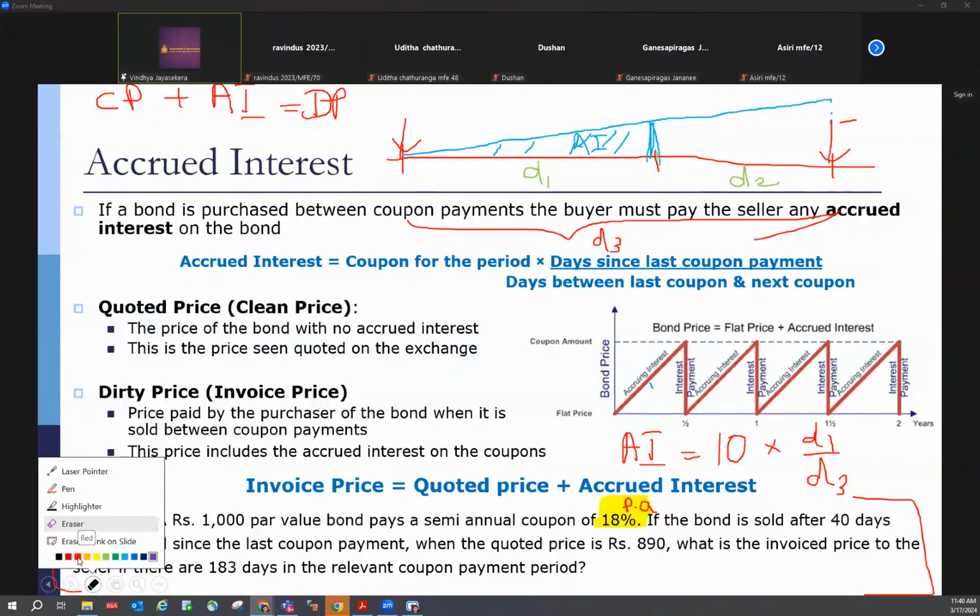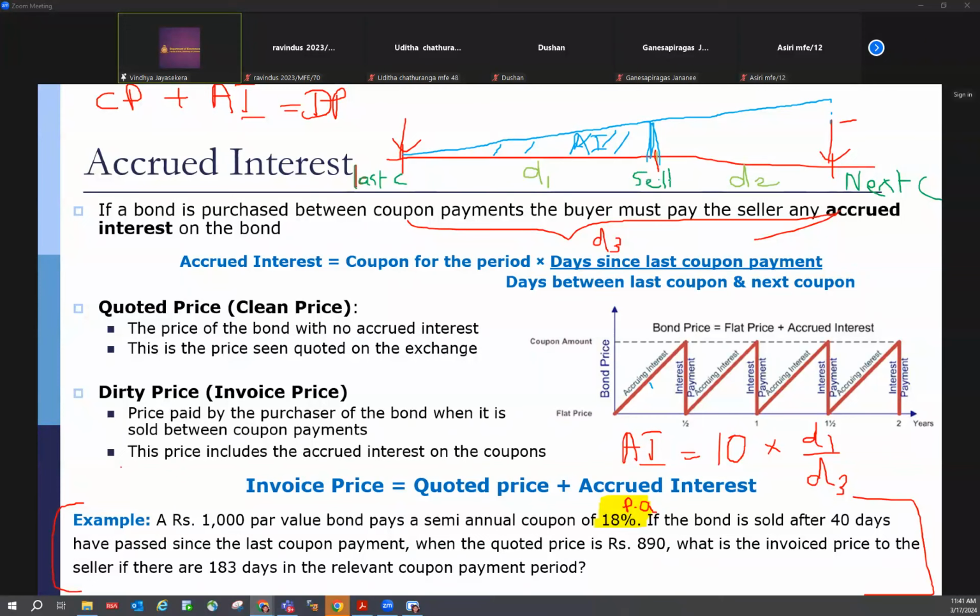When you do these types of sums, one of the first things you do is figure out the last coupon payment date, the next coupon payment date, and the settlement date.